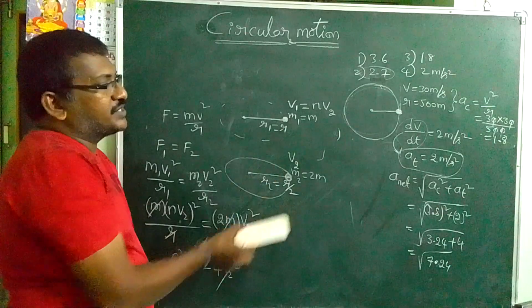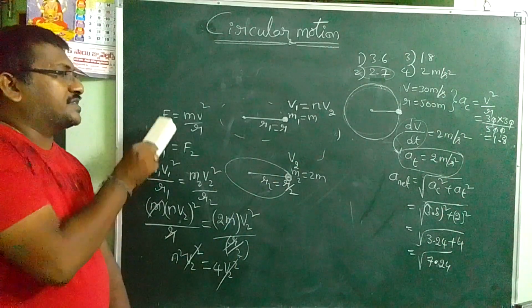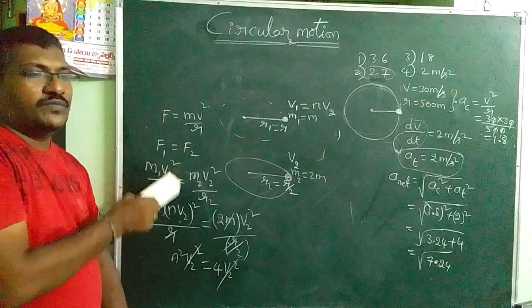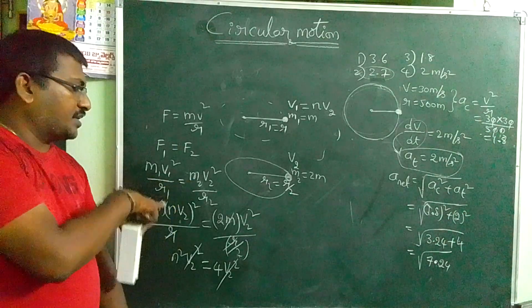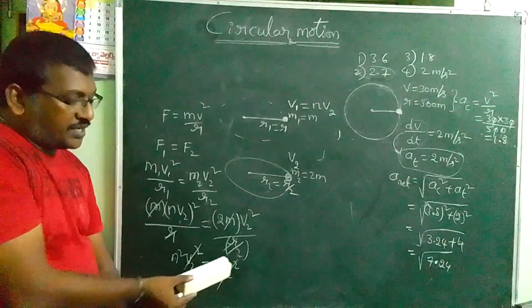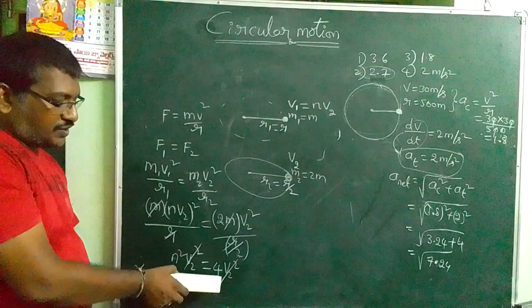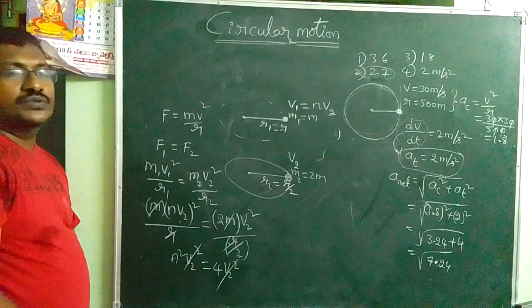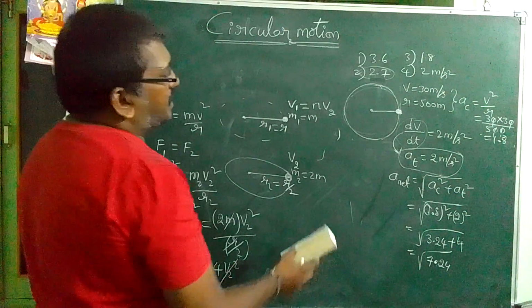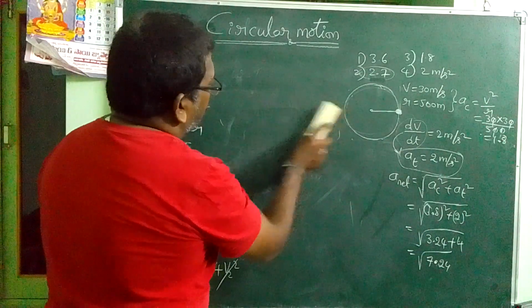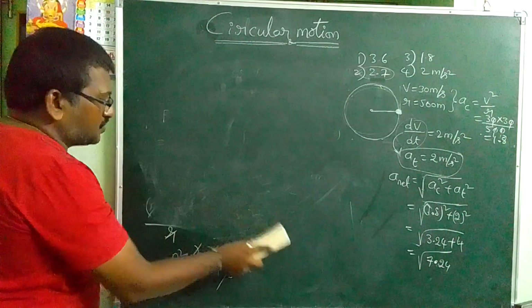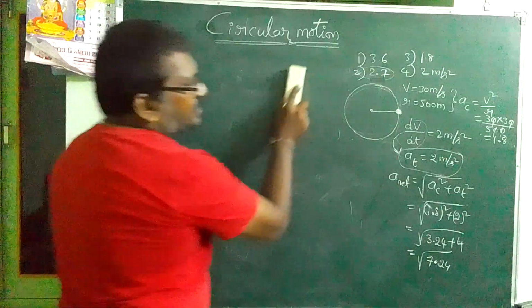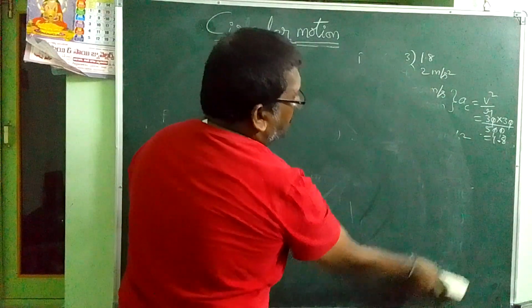The two particles experience the same centripetal force. Then what is the value of n? You get n square is equal to 4, n is equal to 2. So our option is the second option.